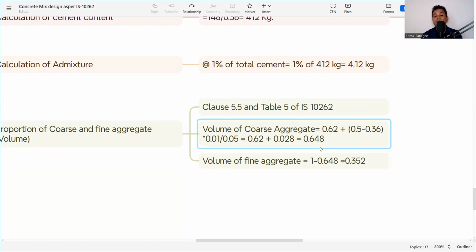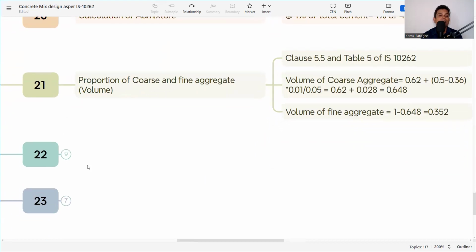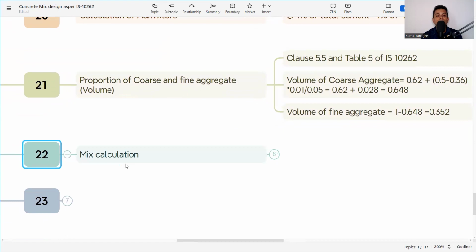It is coming 0.648, and 0.648 is a percentage of total coarse and fine aggregate, not the total volume of concrete. So what are we getting? We are getting water content, we are getting cement content, we are getting admixture content, and we are getting the proportion of coarse and fine aggregate in the mix. Now we need to calculate the coarse aggregate and find out.